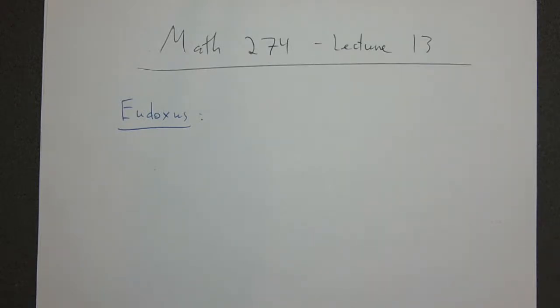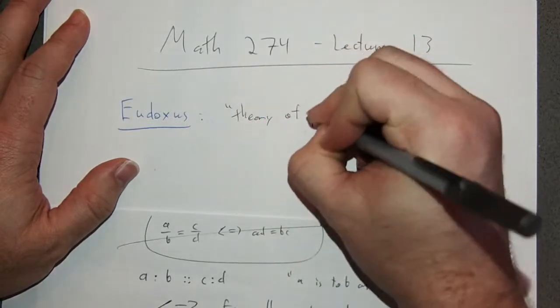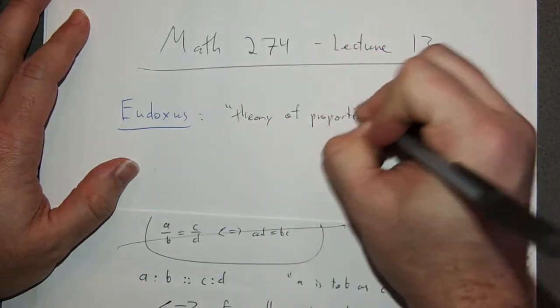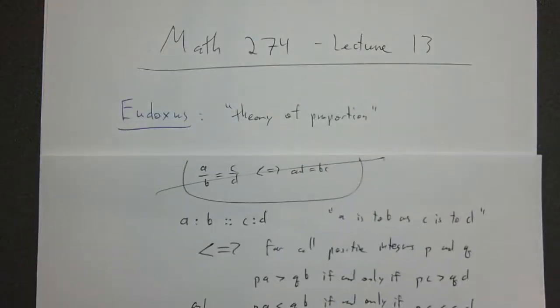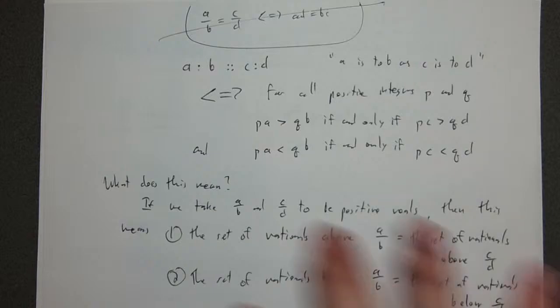So the thing I was talking about at the end of lecture last time was his theory of proportion. As I mentioned, the reason why this is such a big deal is because for the Greeks, all of these quantities were coming from geometry. And in these geometric problems, a lot of times you would want to form ratios of objects that didn't necessarily make sense if you were thinking naively in terms of ratios as products.